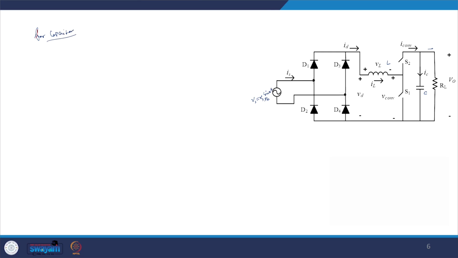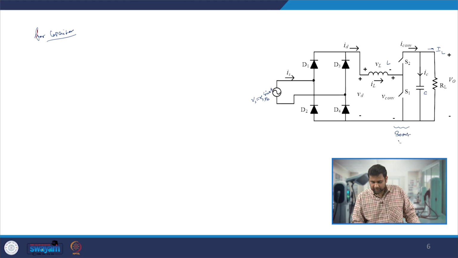We know that the current flowing out of the half bridge of this boost converter will be going, some portion to the capacitor and another portion to the load. So we can easily calculate this I converter. This I converter is nothing but the same as the current flowing through S2.